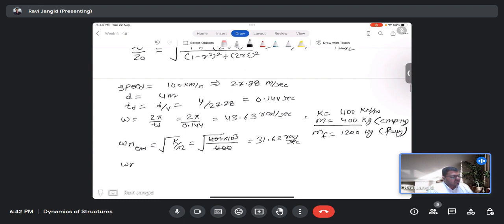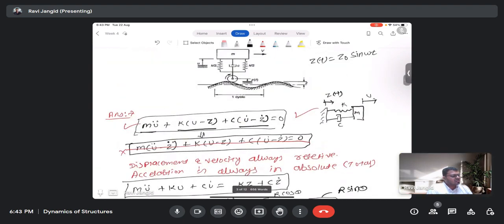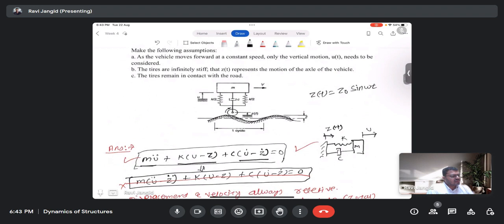And omega n for fully loaded: their stiffness will be the equivalent stiffness, right? Yes, in this system it is given to us as k by 2, so that will become k.